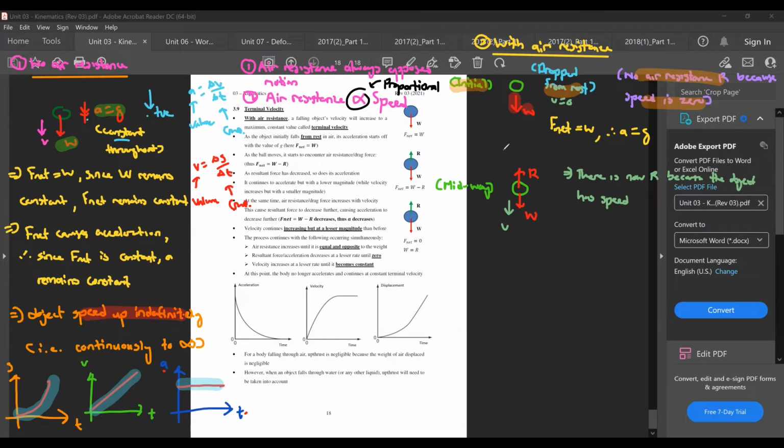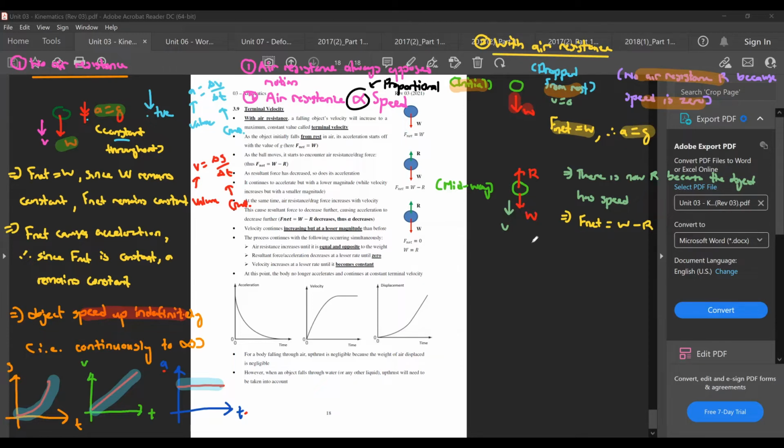Now here's where you need to wonder about your net force. Right now my forces are the weight W and air resistance R. So F net is now W minus R. If you compare to before, my net force was just the weight, and when it's just the weight, my acceleration equals the gravitational acceleration.